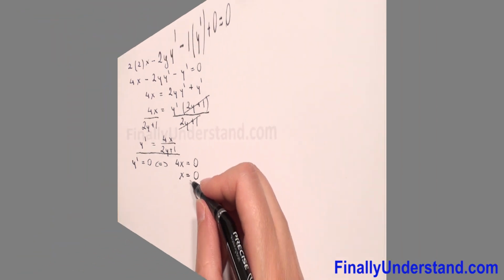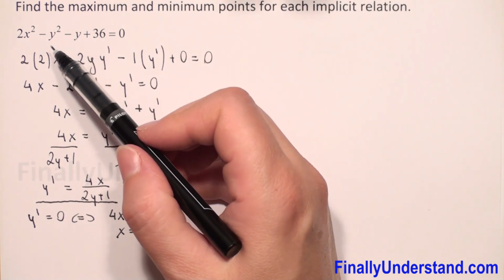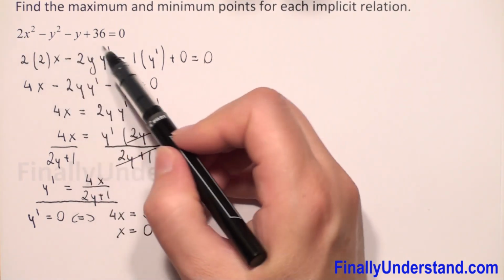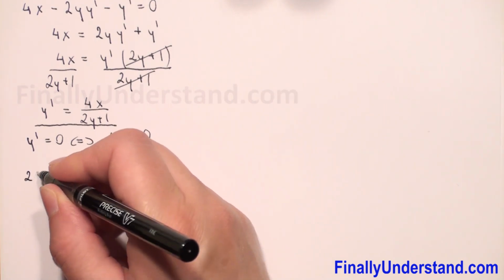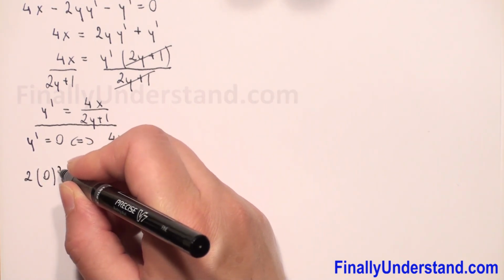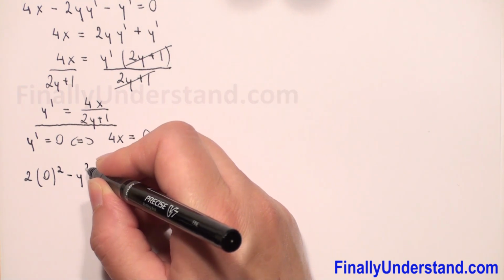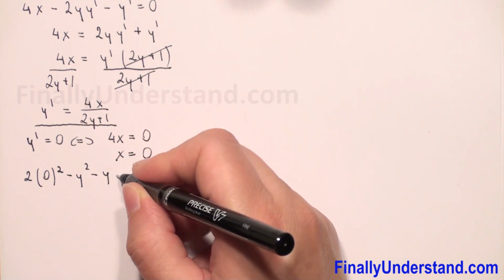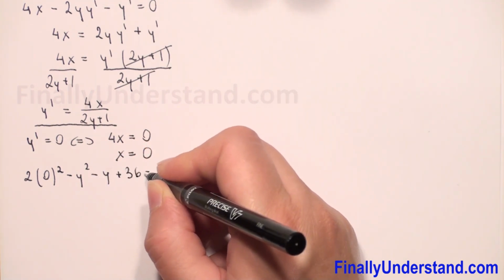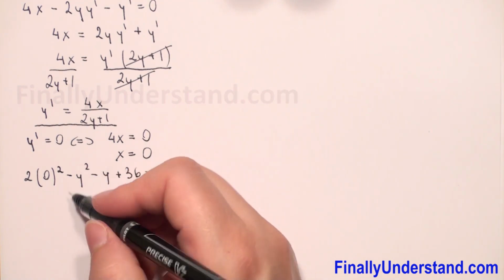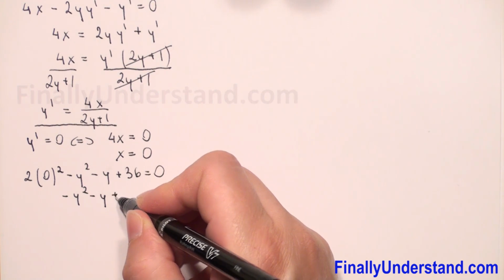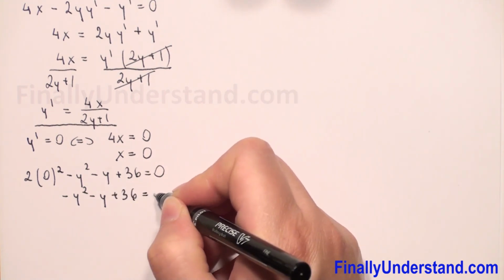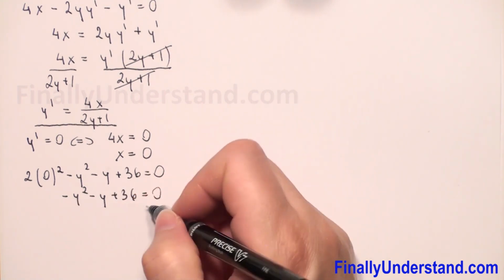When we have x, we will substitute x by 0 in our original formula. So we will have 2 times 0 squared minus y squared minus y plus 36 equals 0. So we have negative y squared minus y plus 36 equals 0. We have a quadratic equation.